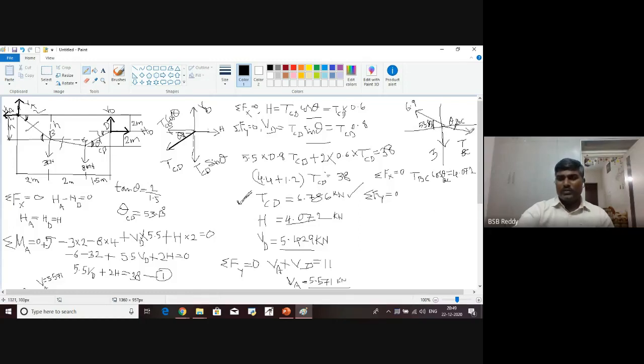What about sigma Fy = 0? So, vertical force. TBC sine theta BC is the component of this one, and 3 is also in the same direction, so I'll write plus 3 is equal to the vertical component of 6.9, which is 6.9 into sine 53.83.